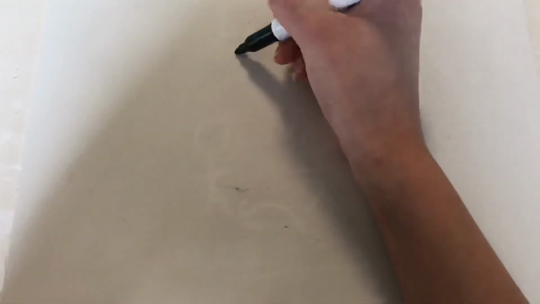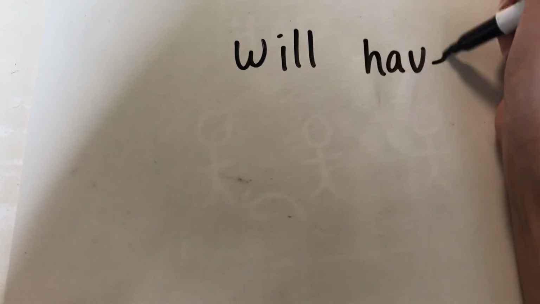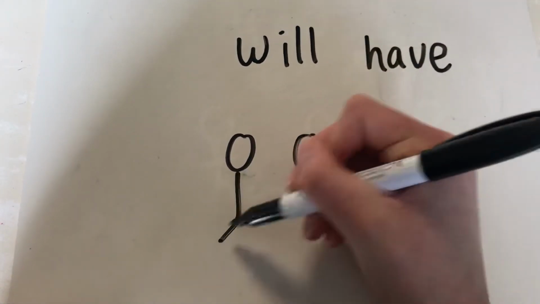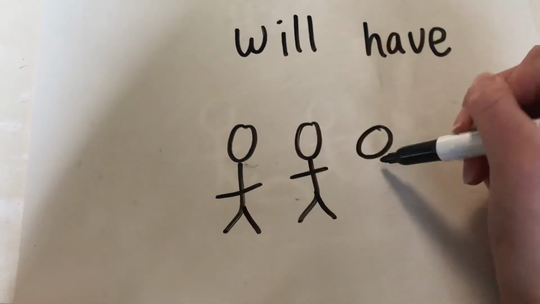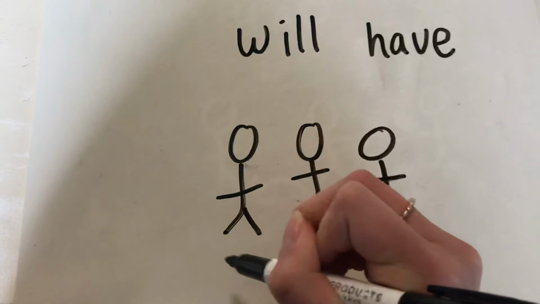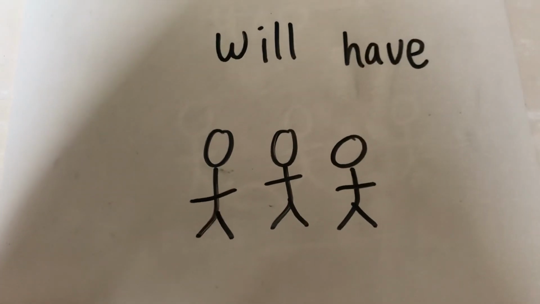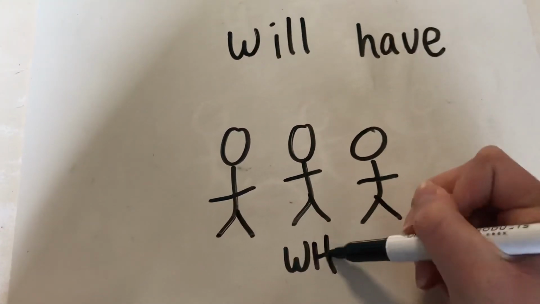And finally, for will have, or future perfect. This time, this is the present. These are both future actions. Our will have is going to be right here.